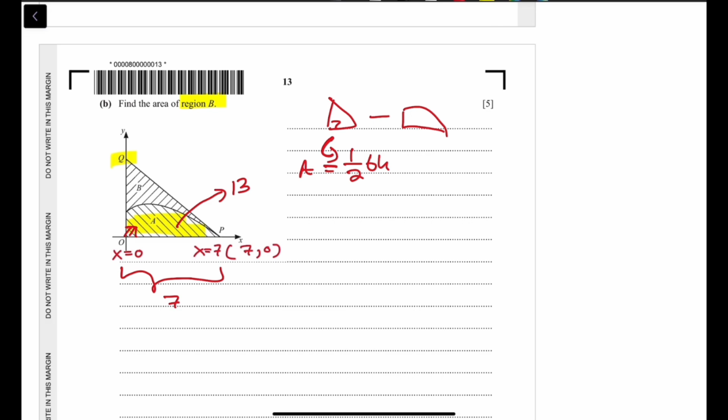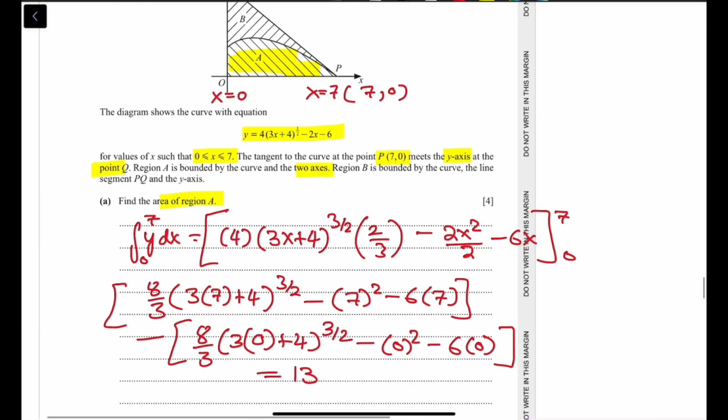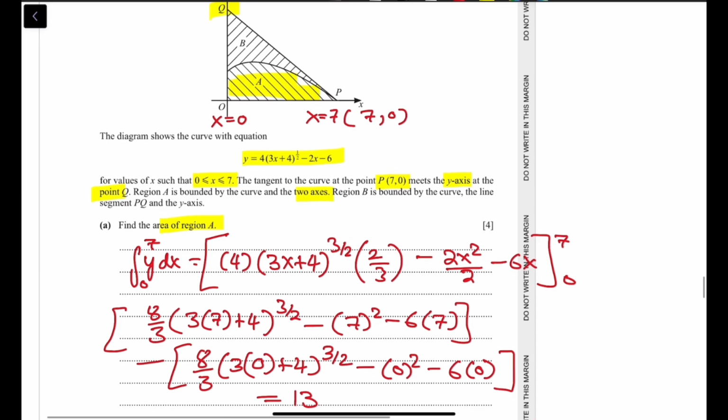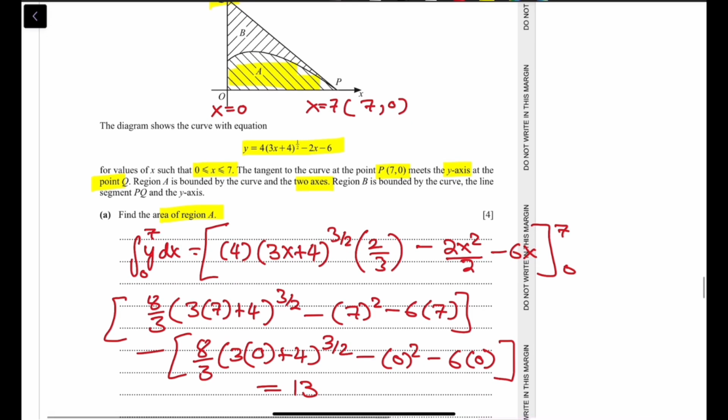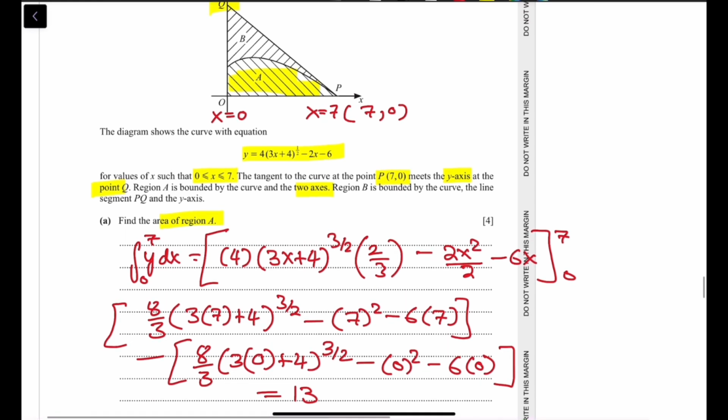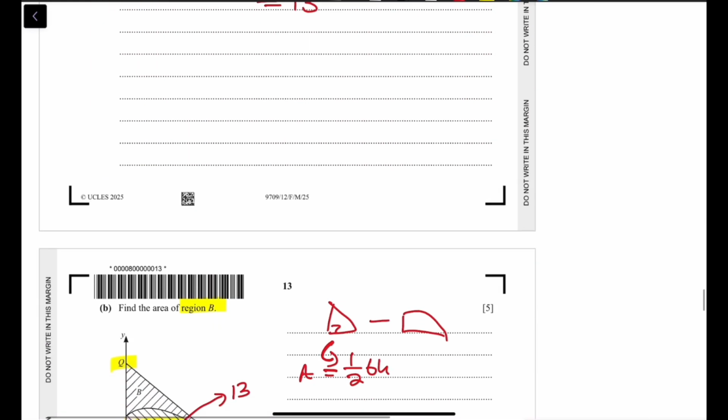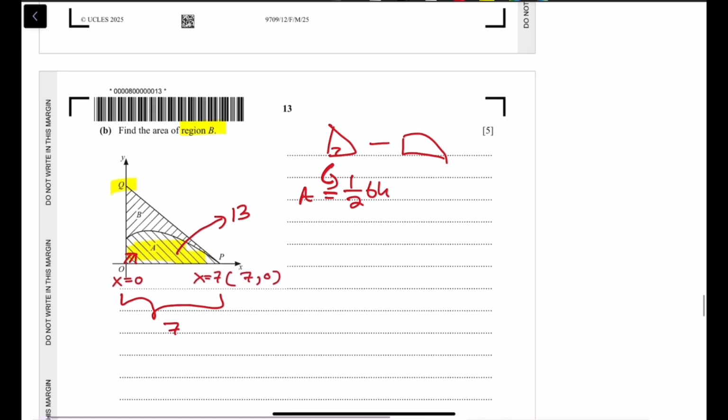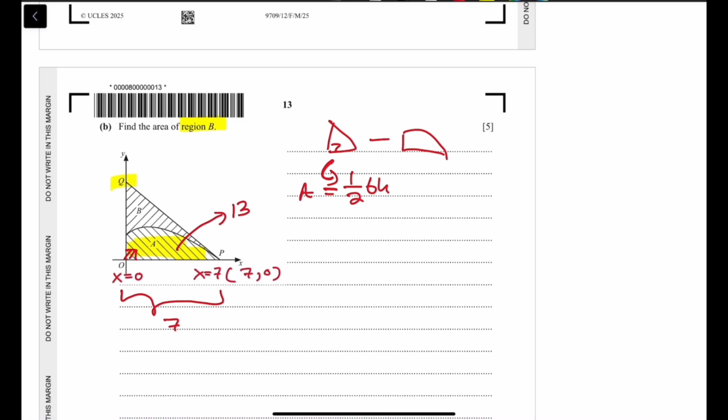Now, what information do we have? We know that it crosses our x-axis at 7, 0.